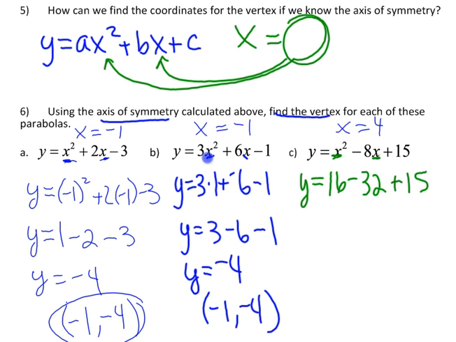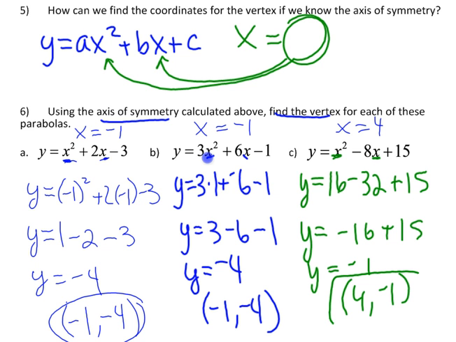But if you try to square a negative on your calculator, you have to use parentheses, so it's a little bit more time-consuming and tedious when you can multiply in your head. So let's go ahead and subtract. 16 minus 32 is -16, plus 15 is -1. So our ordered pair for this last one is (4, -1), which we saw on the graph, and that's actually where the axis of symmetry is.